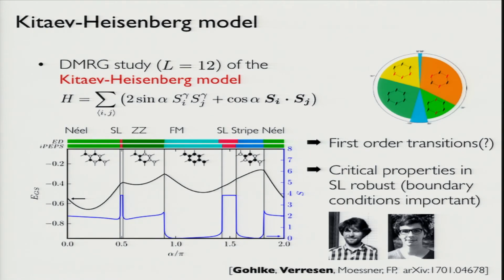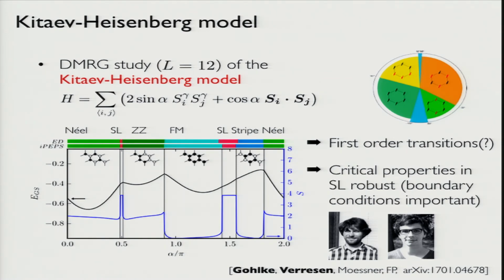And here I want to point out that using this DMRG method, we find results that resemble quite closely what was found before using exact diagonalization and tensor product state methods. The only disagreement is that the Kitaev phase here is slightly smaller than it was in the original exact diagonalization study. The way that we detect the phase transitions is, on the one hand, to look at discontinuities in the ground state energy density, which show kinks here, indicating that at least using DMRG, these transitions all appear to be first order.